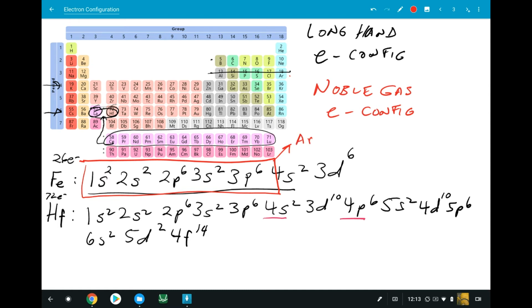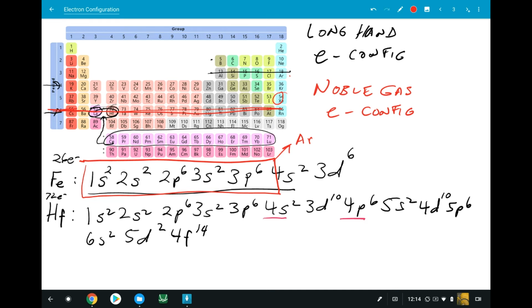That's a noble gas. Noble gases don't react. They have complete electron shells. So if you were to look at hafnium, the noble gas that's above its row, so here's the row for hafnium, hafnium's in this 6th row, 6th energy level, there's xenon.